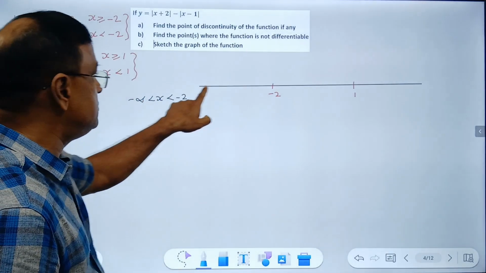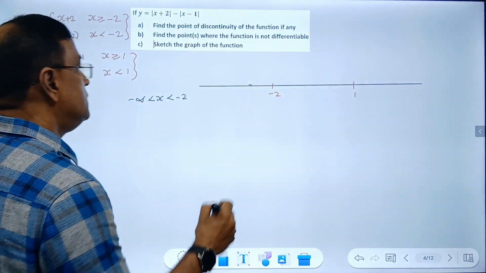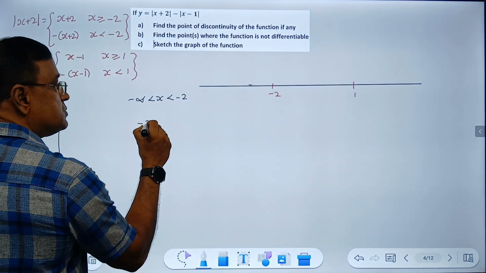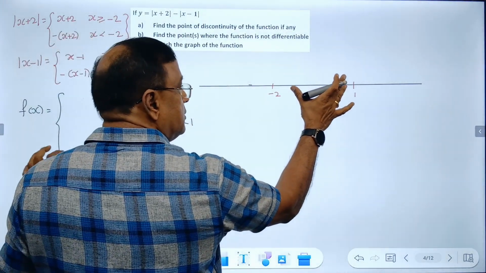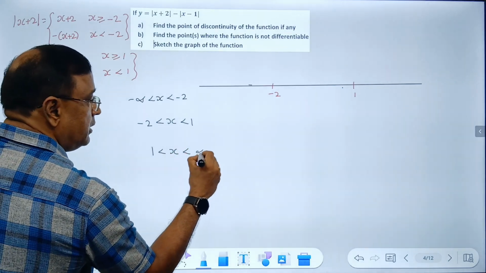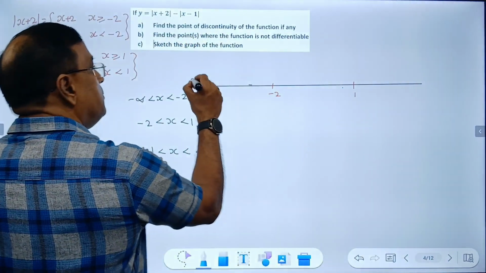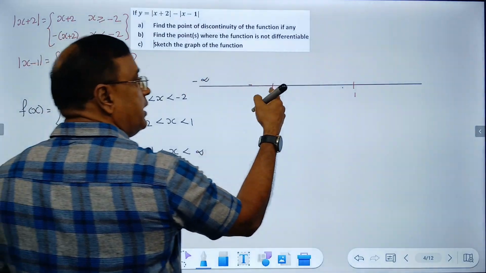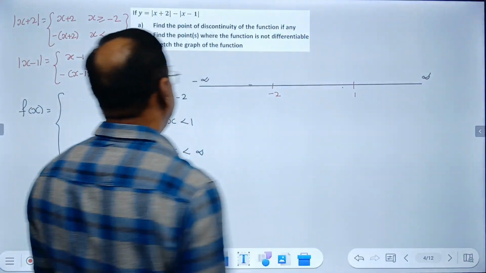That is this region. The second region is minus 2 less than x less than 1. That is this region. And then 1 less than x less than infinity is the third region. So I am breaking this into 3 parts: minus infinity to minus 2, minus 2 to 1, 1 to infinity.